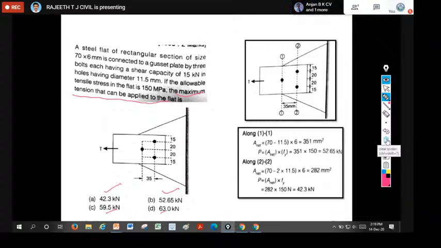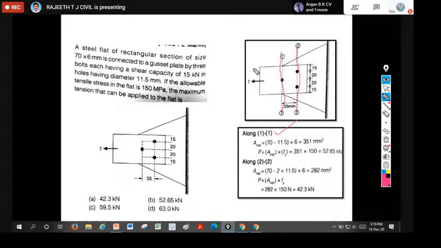What we can calculate here is first the net tensile strength at different sections. I should take one section along the first bolt from your left-hand side, which is called 1-1. Another section I have chosen here is 2-2. Then you calculate along 1-1.